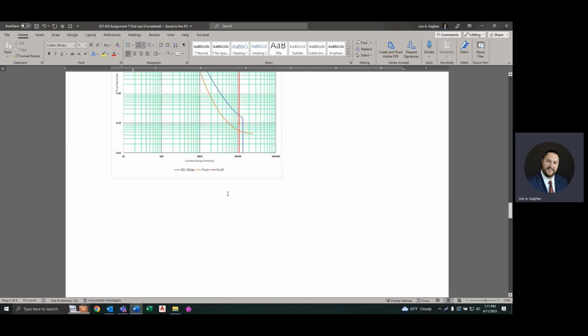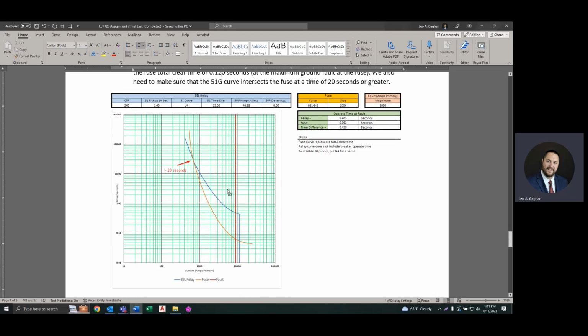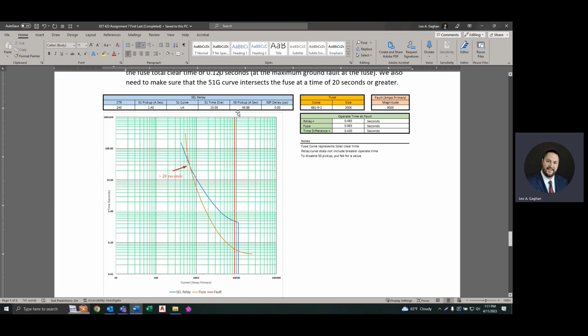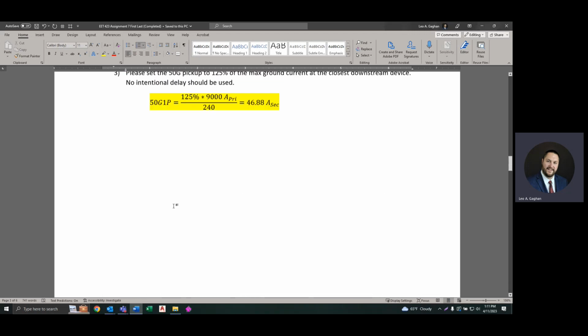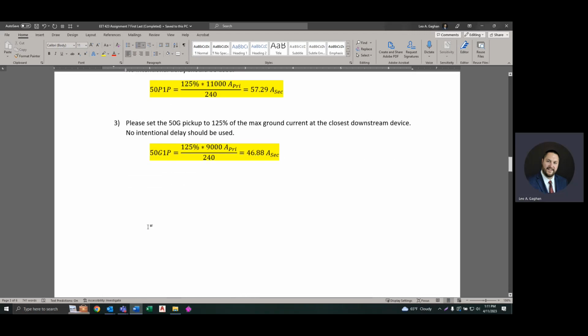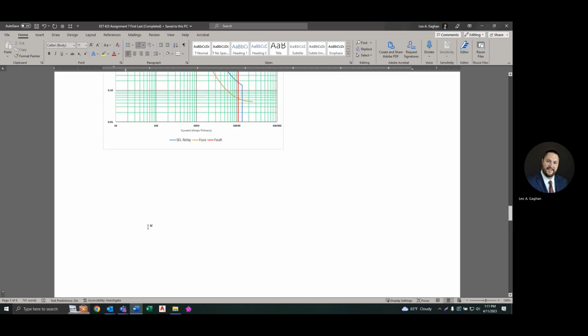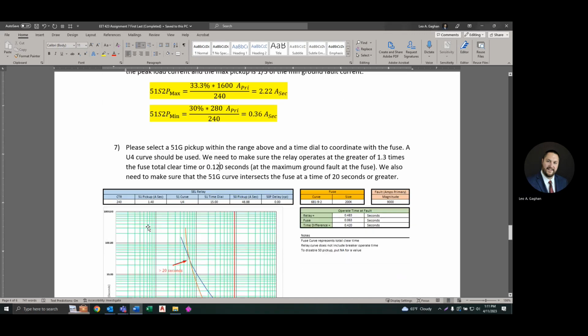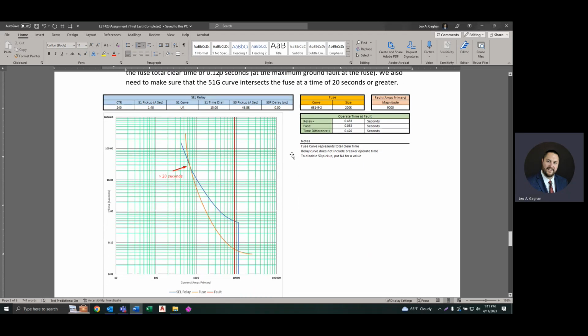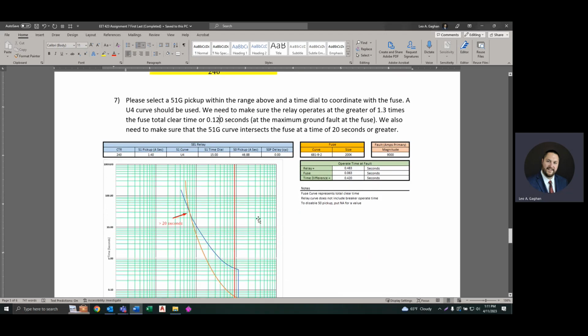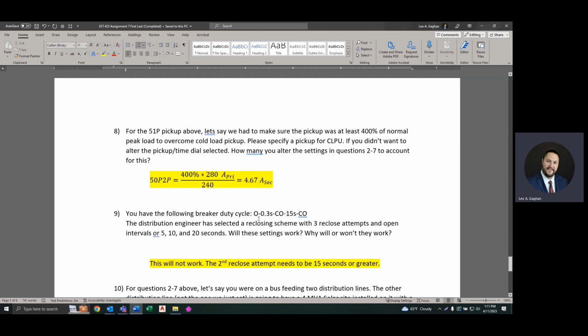But that's how you would set that one. Again, I took the 50 setting from up above, right here, 46.88. And I plugged that in. So yeah, that's the answer for number 7.